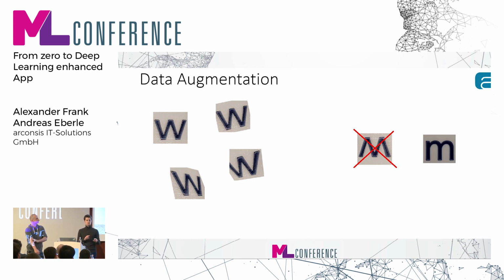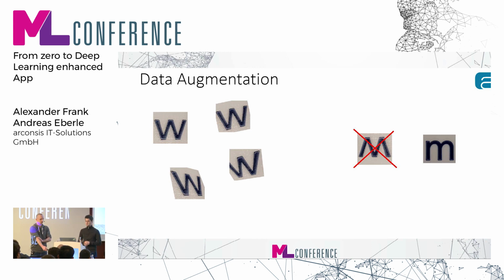So the network is training something that helps it later on. Not like this example here, where the W is turned upside down, because we never have this situation. We always have the text top down instead of upside down. If you train something like that, because you do too much data augmentation, you confuse the network, because now it looks like an M, and it should really be a W. This never happens in reality.